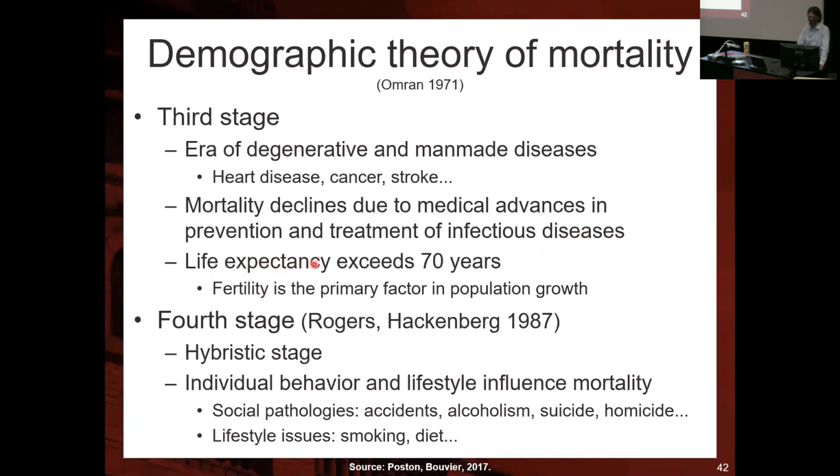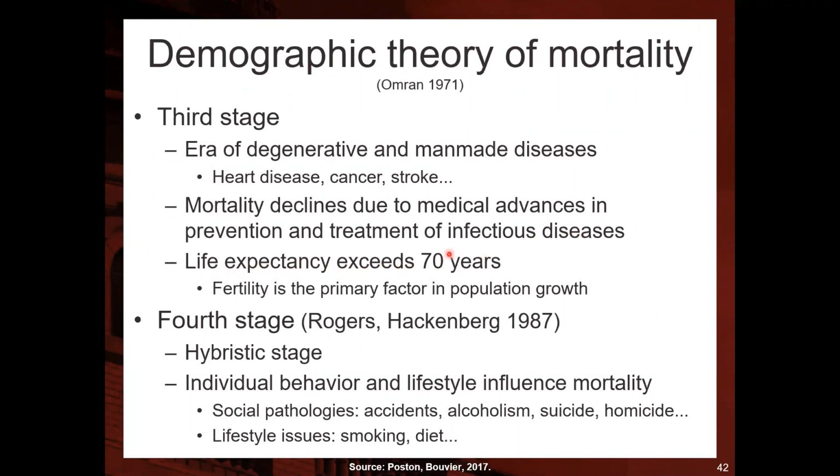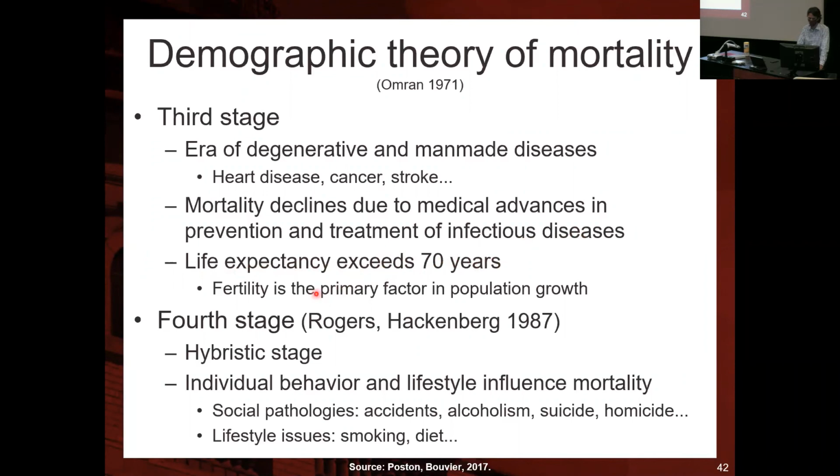And then life expectancy exceeds 70 years of age on average. So a lot of countries are in this stage right now. And exactly because mortality is at such low levels, the fluctuations that we see in fertility are the primary factor causing population growth, as we talked before.